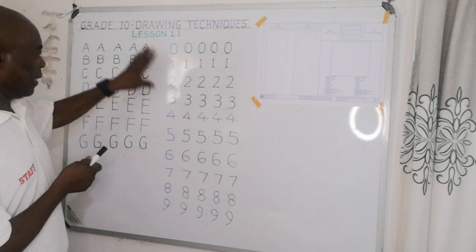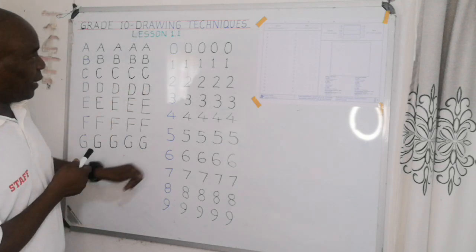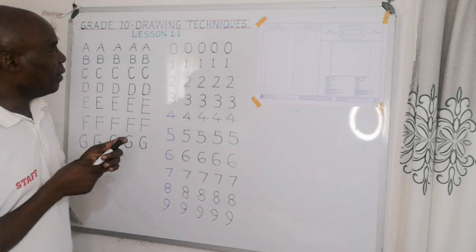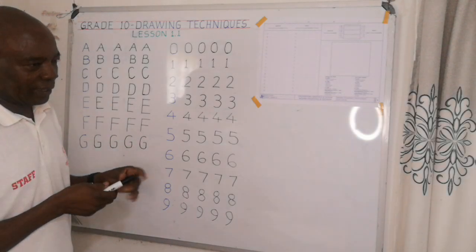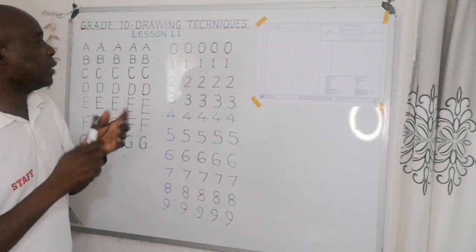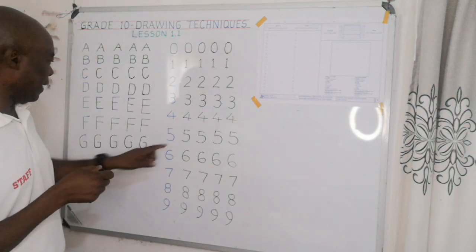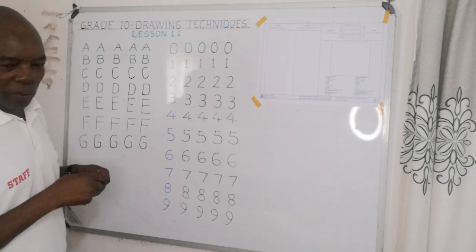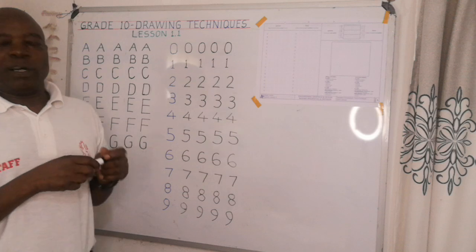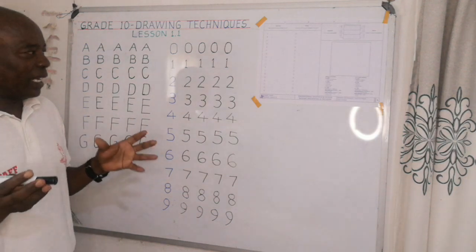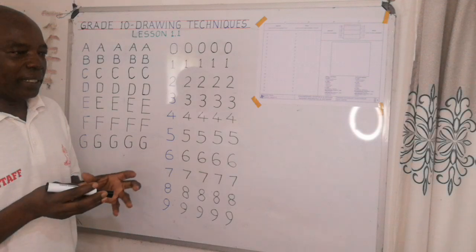I will have to erase this and then go to the line pattern or alphabet of lines. So like I said, there are rules that are inherent in EGD. You can't just write or print anyhow. You can't just draw anyhow, because it should be a clear diagram that one is able to read.